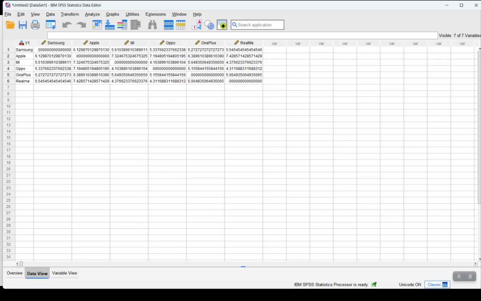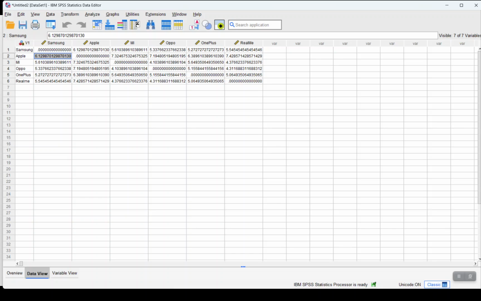For example, Samsung to Apple was 6.1298, so on and so forth. Samsung and MI 5.61, Samsung and Oppo 5.33, and similarly for other brands. So this is the data set that we will be working on. These are individual averages for individual columns of the previous data set that we saw.